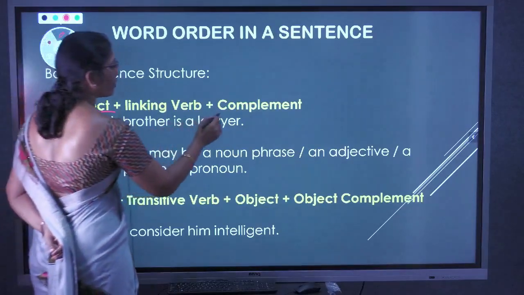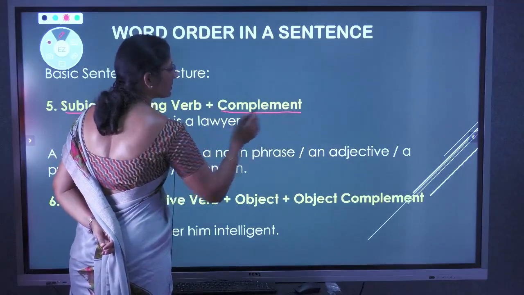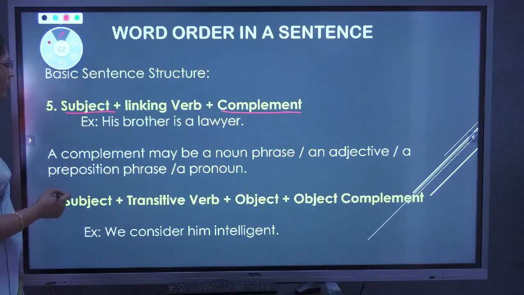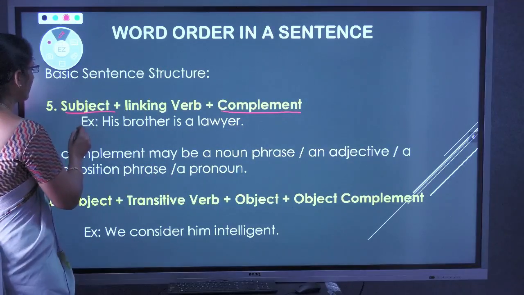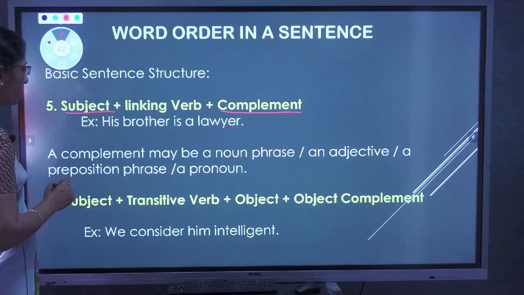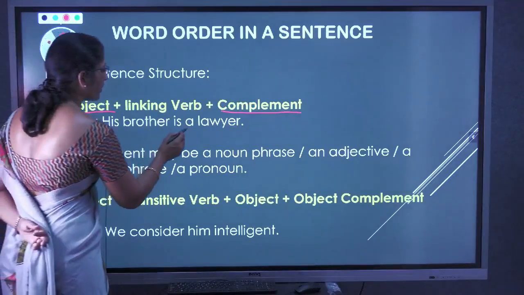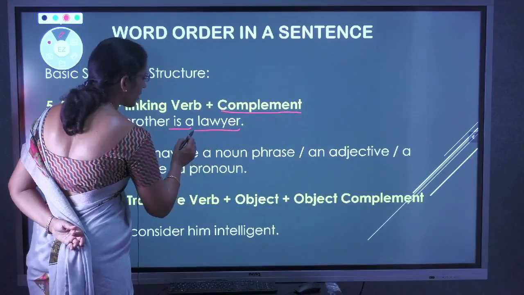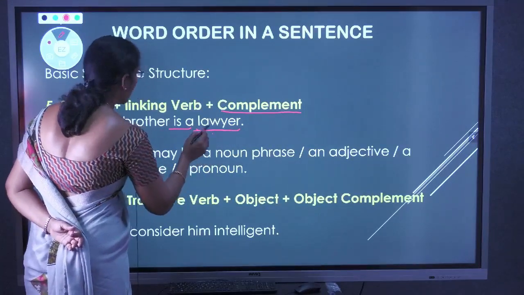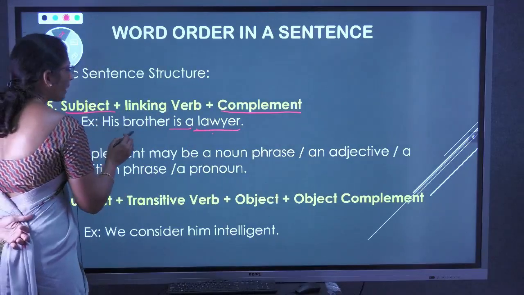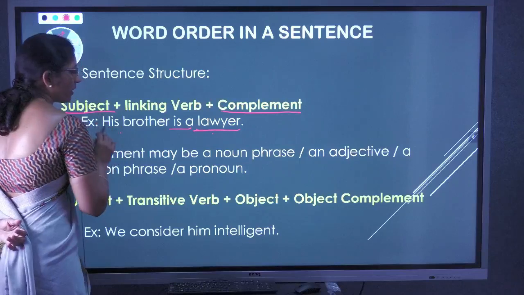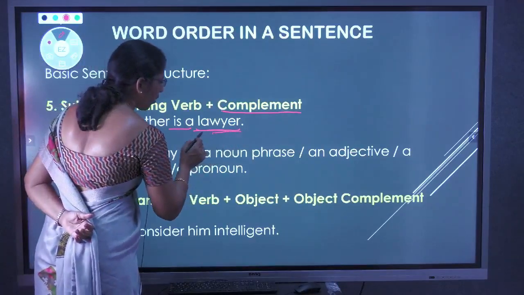Generally, this complement word is an adjective or sometimes a noun also. Take this one. His brother is a lawyer. So that means a lawyer is telling about or adding something to his brother. That's why it is called a complement.